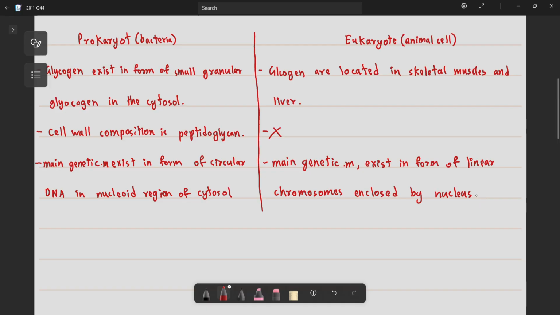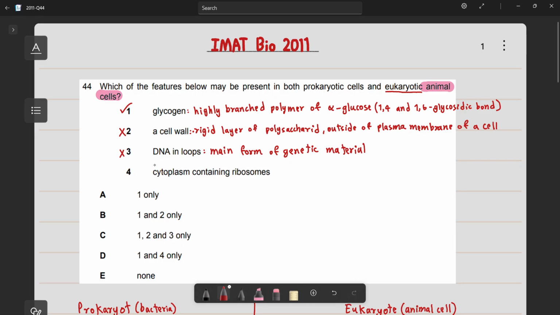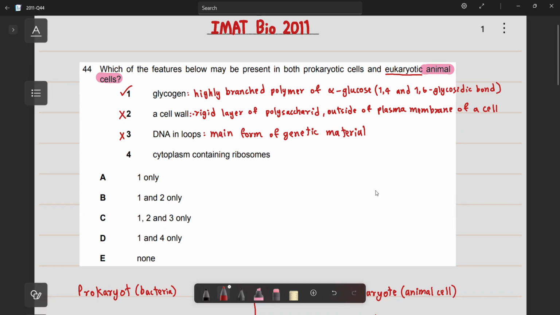So in the eukaryotic, in both animal and plant cells, main genetic material exists in form of linear chromosome enclosed by nucleus, not a loop DNA. So we can cross this out. DNA in loops does not exist in eukaryotics, it's not common in both prokaryotics and eukaryotics. It's just common in prokaryotes only.